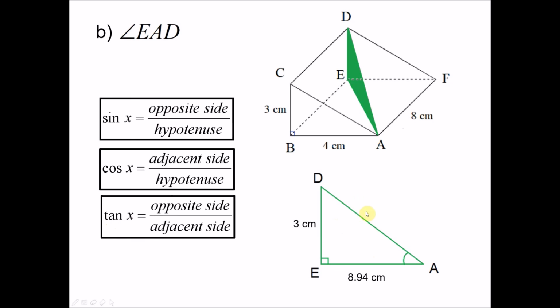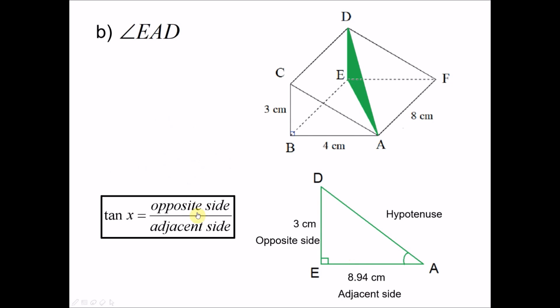This side here is the hypotenuse. This side is opposite to the angle, and this side is adjacent to this angle. For these two sides, we have the information. So we take the opposite side and the adjacent side. Which one of the three involves opposite side and adjacent side? The answer is tangent. That's why we choose tangent.